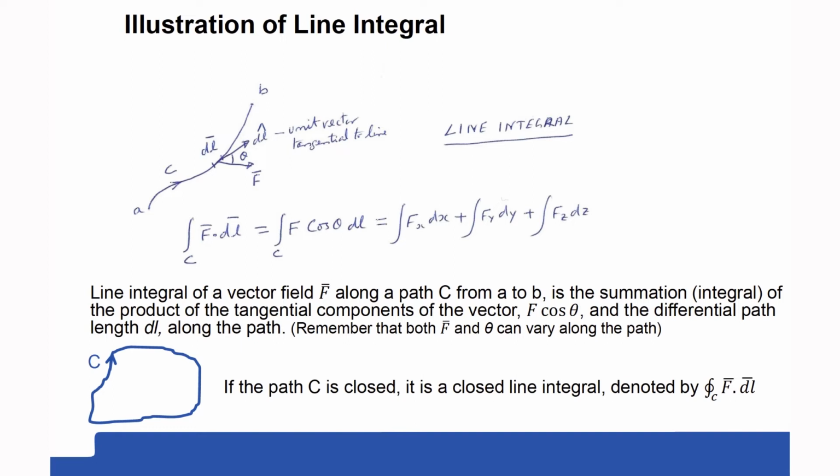Now you have to remember that both F and theta can vary along the path. They need not be constant. So that is why you need to have this integration or summation.